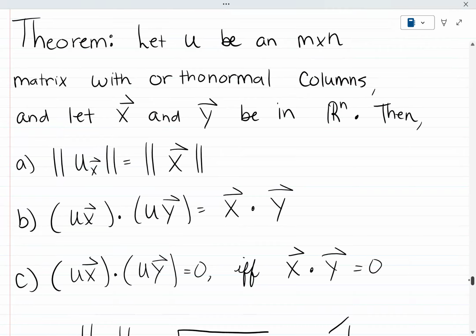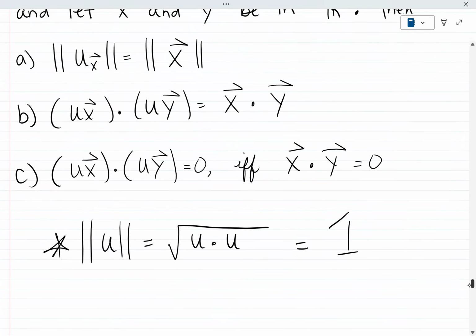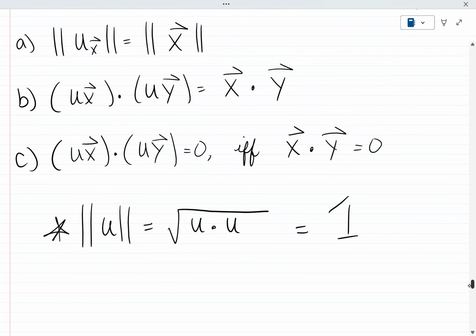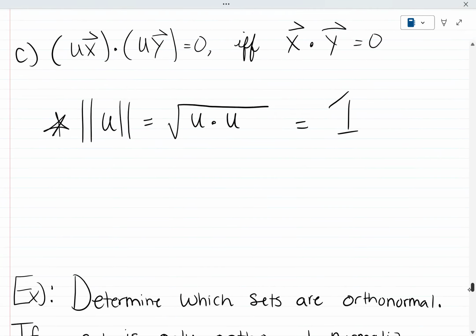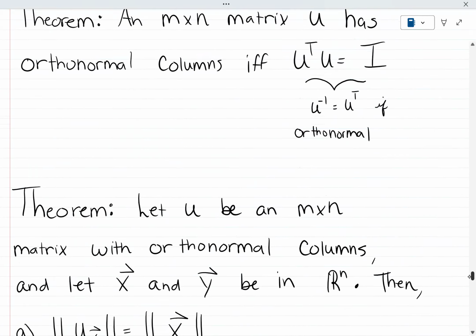Part C, U times vector x dot U times vector y is equal to 0 if and only if vector x dot vector y is equal to 0. So the magnitude of U is the same thing as the square root of U times U, which is equal to 1. So go ahead and copy all that.